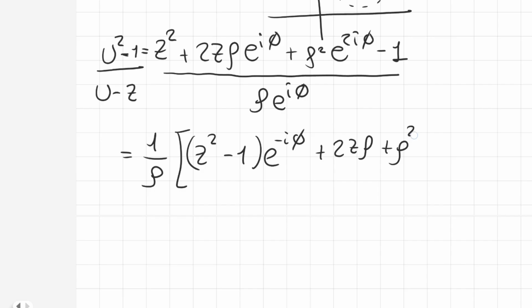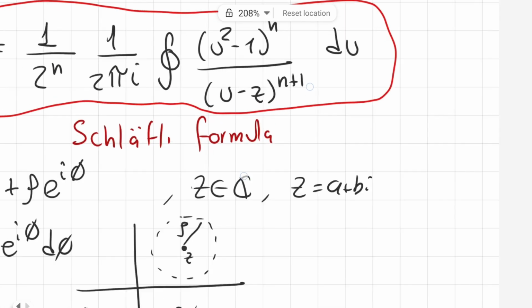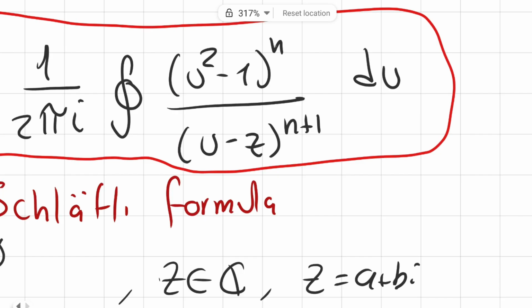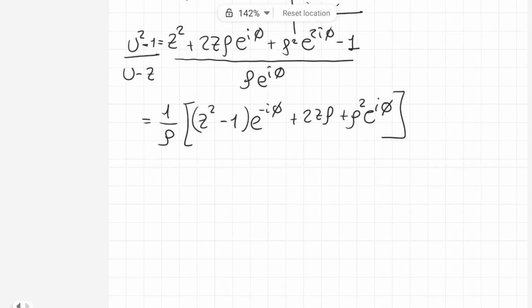It will be rho squared e to the i phi. Perfect, and here we close the brackets. Okay, but we need to notice that these two elements are raised to the n power and to the n plus 1 power. So we still need to work a little bit with this. Okay, so this is equal to u squared minus 1 divided by u minus z.